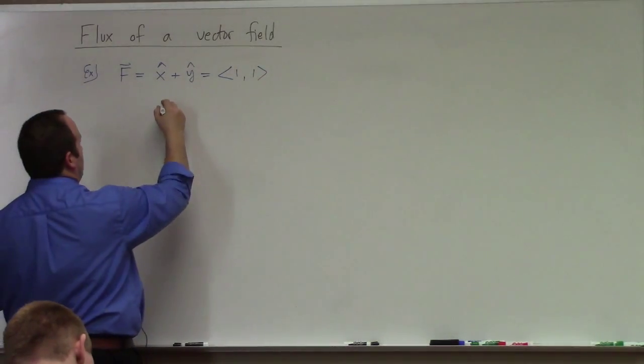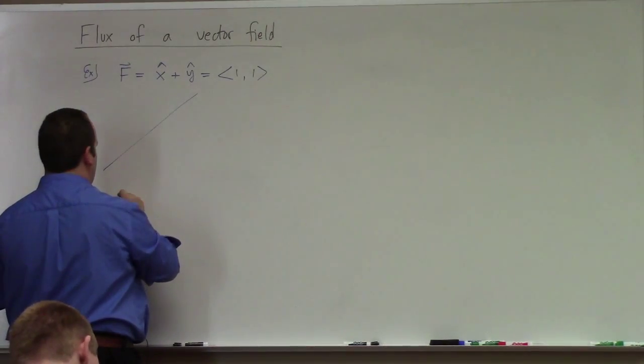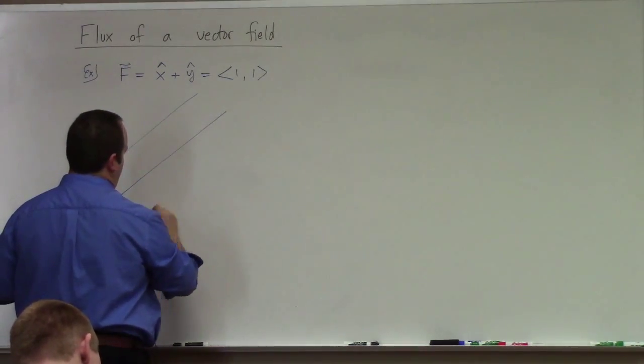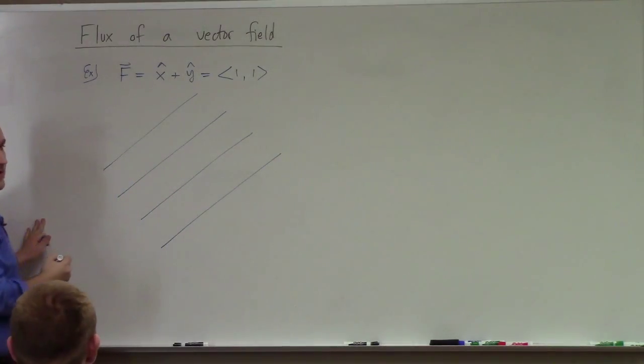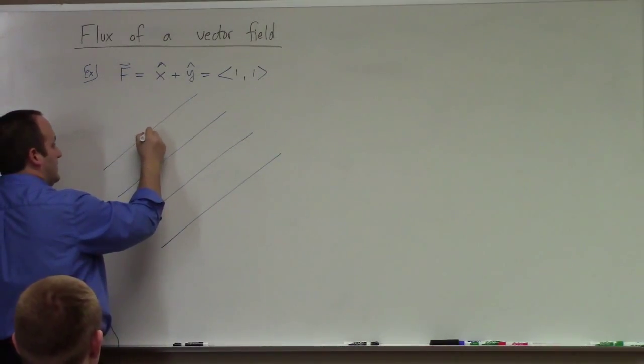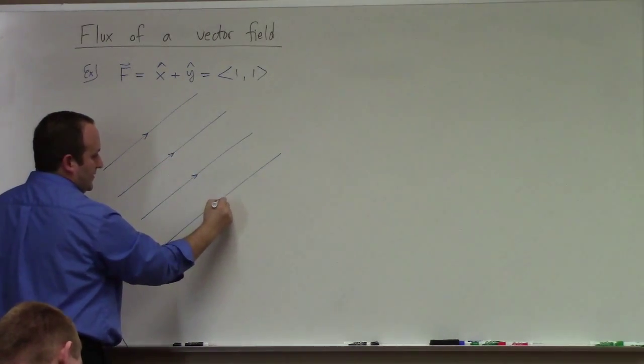Basically, if I draw these lines, you might call these field lines. They're the integral curves of the vector field. They line up with the vector field.